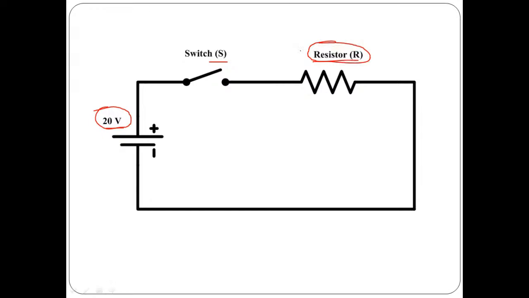Let us identify the different ways in which we can supply this 20 volt input to this particular load, which is nothing but the system in our case. From a control system point of view, this is going to be the plant, this is going to be the controller, and this is going to be the input.